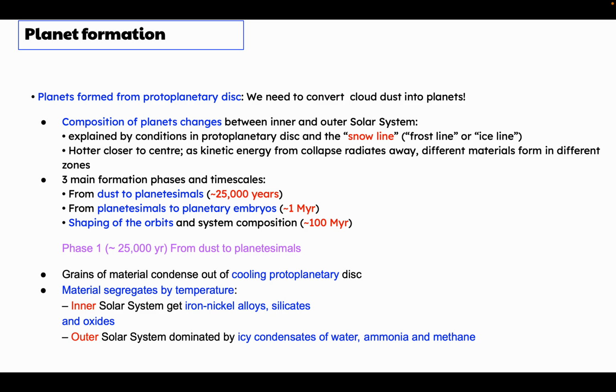Inner planets are the rocky or terrestrial planets, while the outer planets are gas giants, which contain gas. They do not have solid rocks.